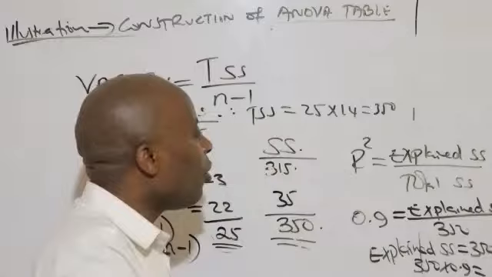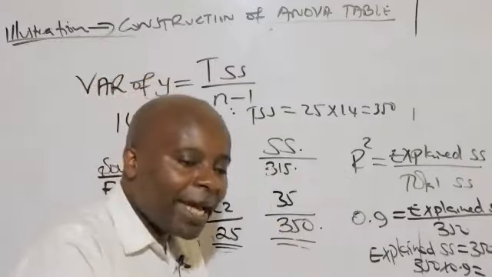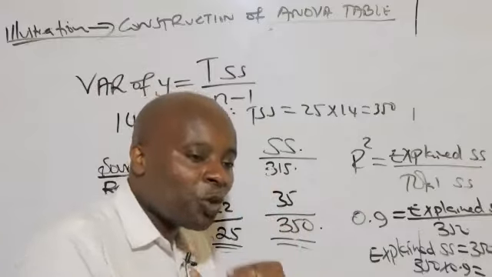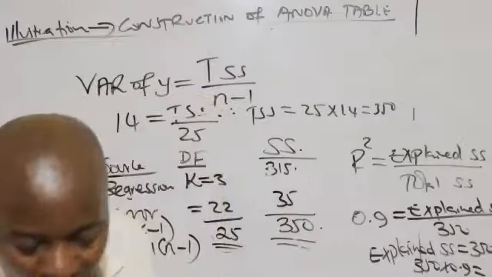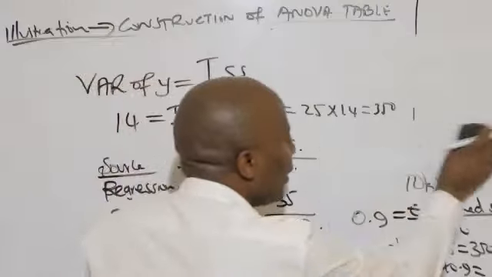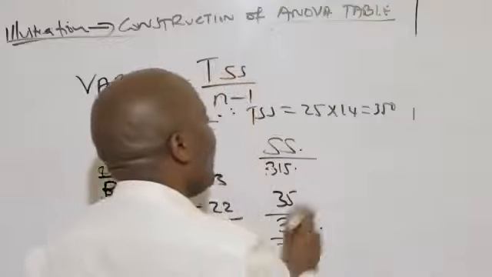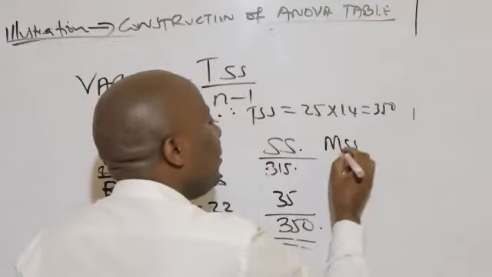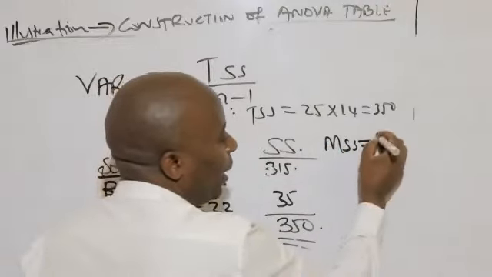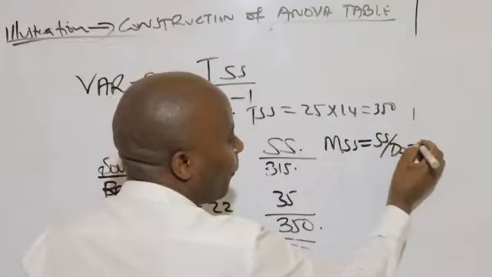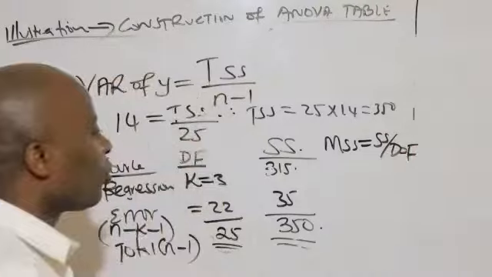Of course, in the ANOVA table, after you give me the SS, the next thing will be for me to average that. The next thing will be for me to come and give you the mean sum of squares. So this will be SS divided by the degrees of freedom.